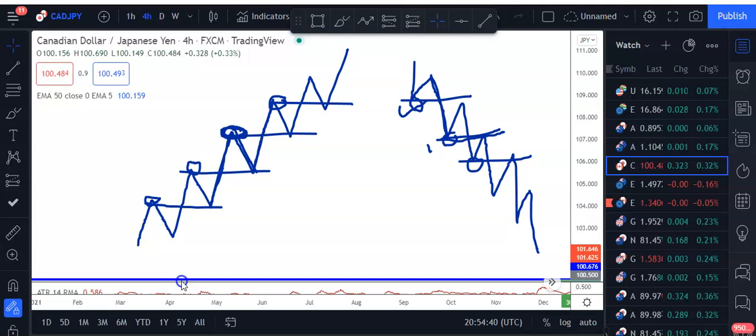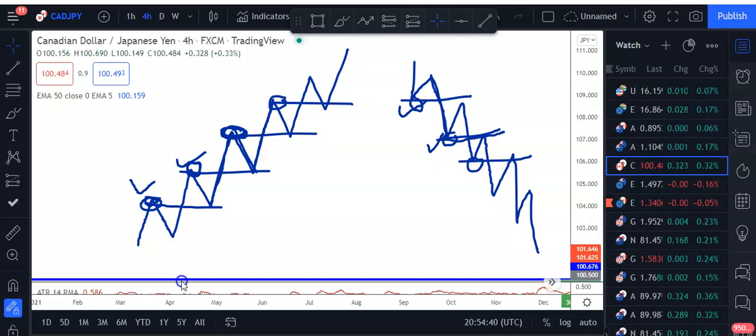So if I can just see two support levels being broken, for me I will conclude that the market is in a downtrend. And the same on the opposite side, if I see the market breaking two resistance levels, this first one here and the second one here, for me I'll conclude that the market is in an uptrend.